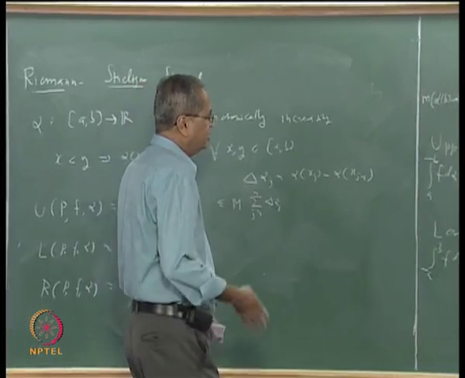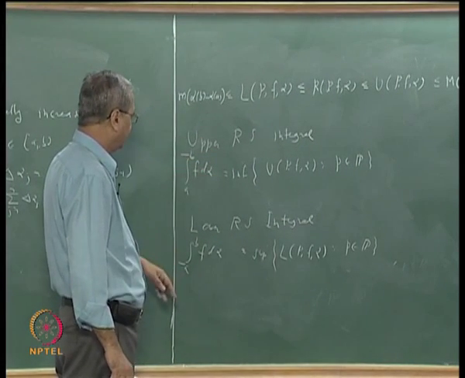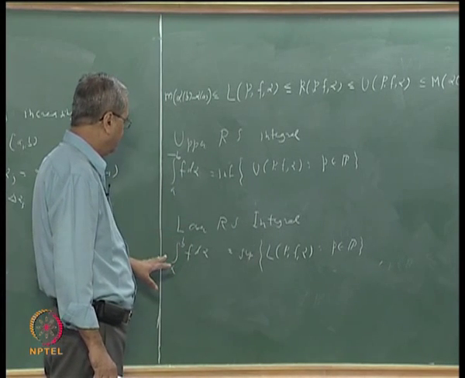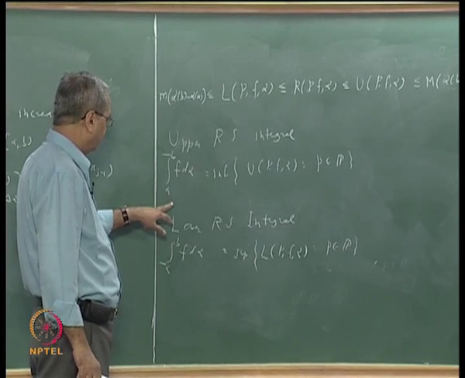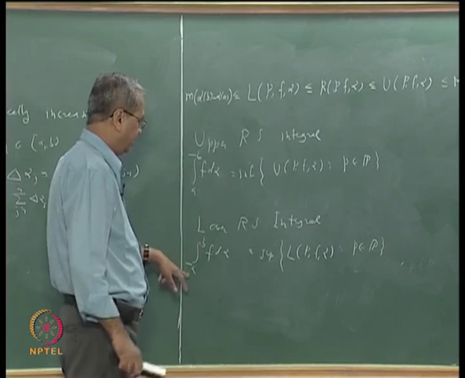And as in the case of the Riemann integral, we say that f is Riemann-Stieltjes integrable if these two integrals coincide, okay. And whatever is the common value, we will call the Riemann-Stieltjes integral of f and denote it by integral a to b f d alpha, that is without any bar. Okay.